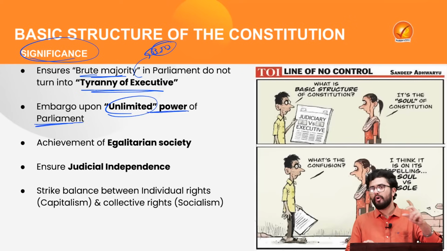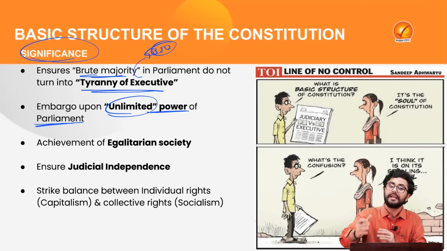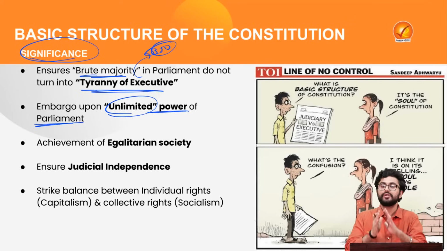where Parliament can tomorrow enact any law. Let's say it enacts a law that whoever the person is watching this video, that person is not going to appear for the examination or anything like that. Now, to prevent such vague overreach of the government, there is the judiciary and the independence of the judiciary, which is again an essential feature to ensure the democracy of the country.